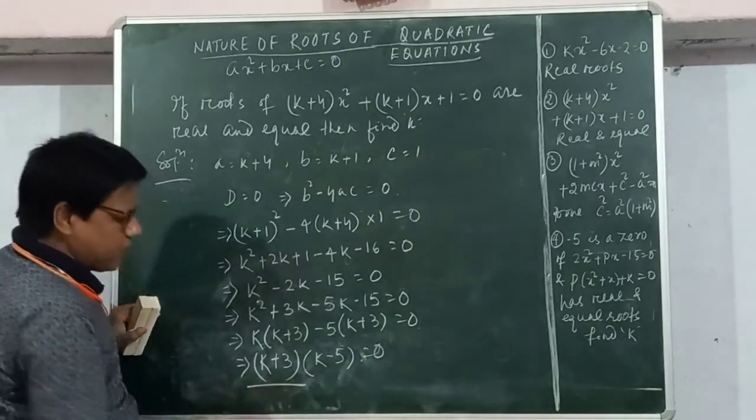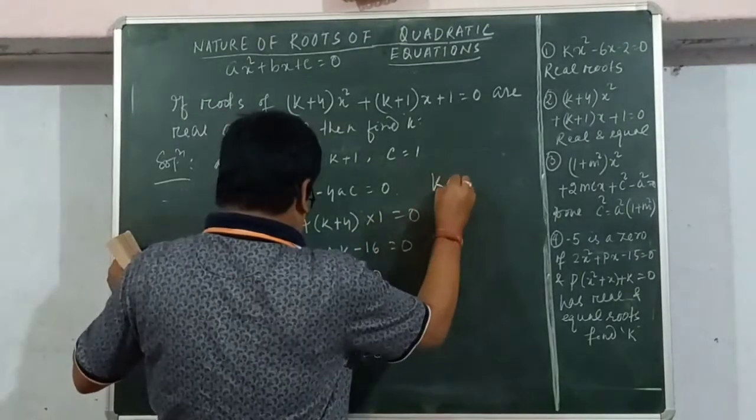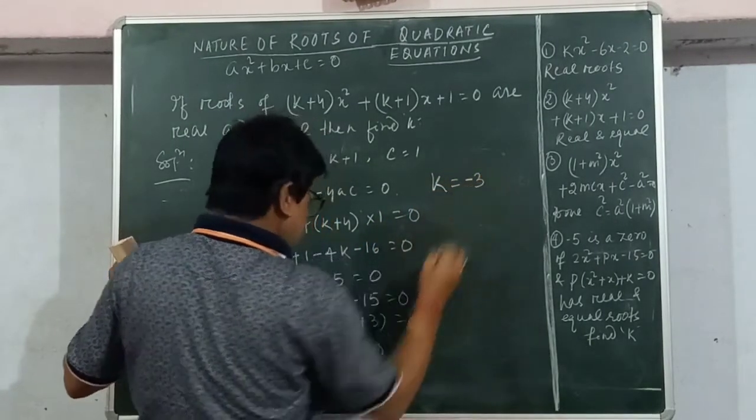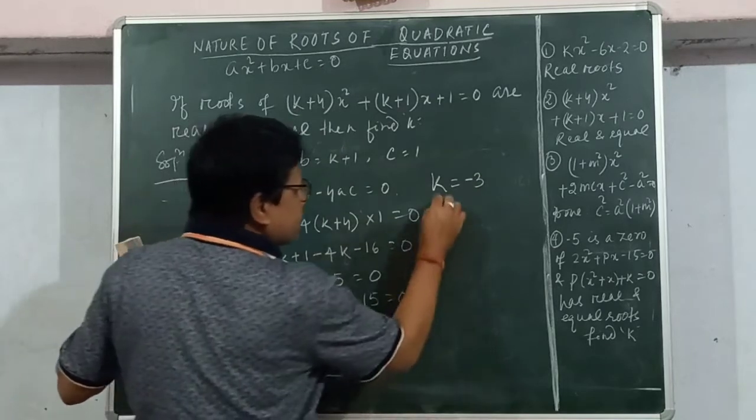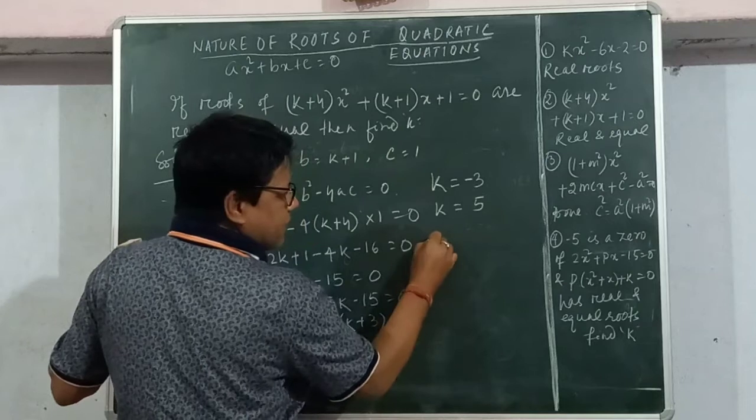So when this factor is equal to 0, it gives k is equal to minus 3. When the second factor is equal to 0, it gives the value k is equal to 5.